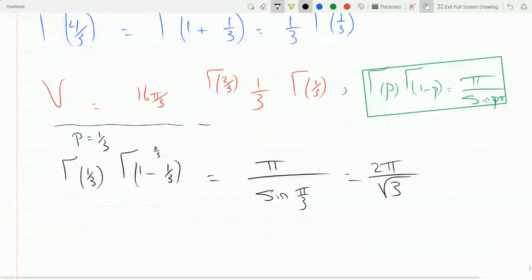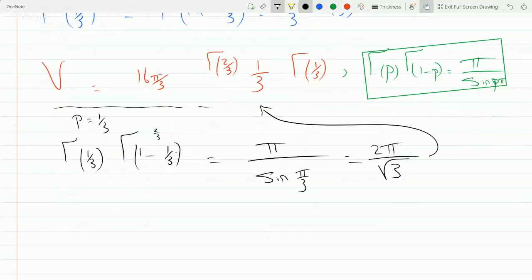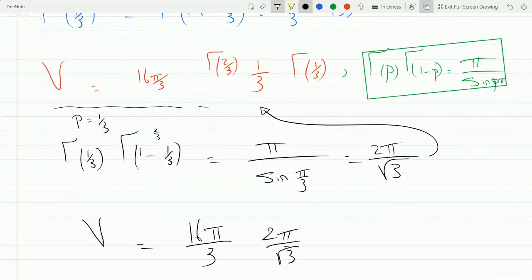Plug that in V. This way you only need to do the integral once. So you get 16 pi over 3 and gamma 1/3 times gamma 2/3 turned out to be 2 pi over root 3.